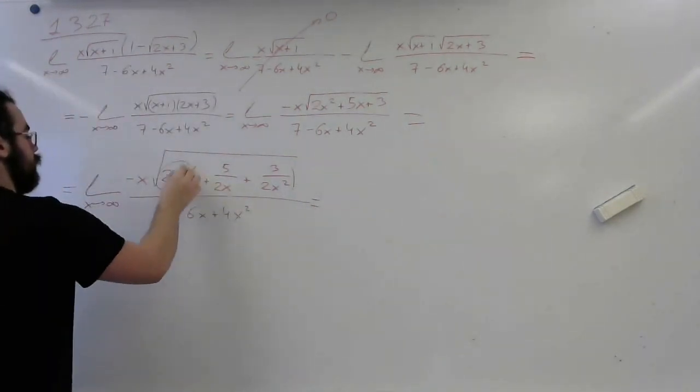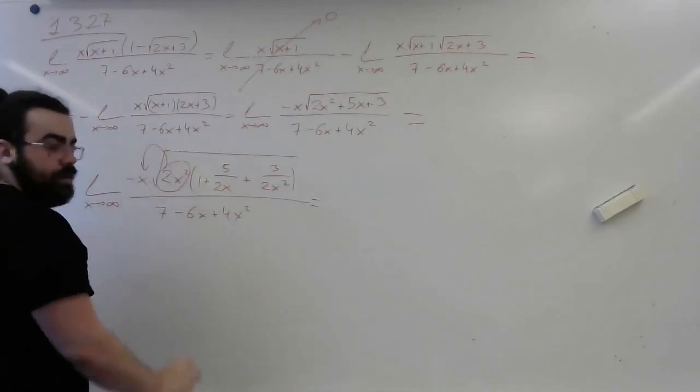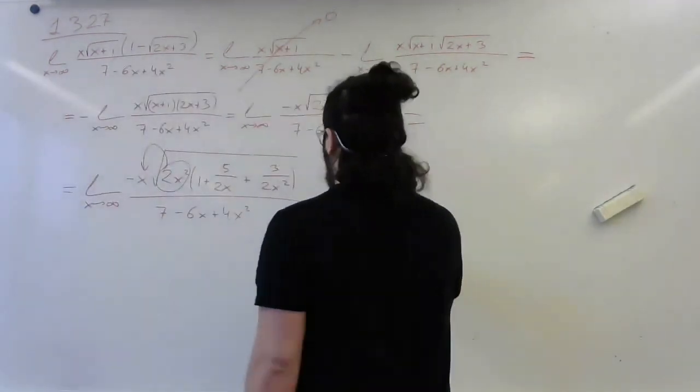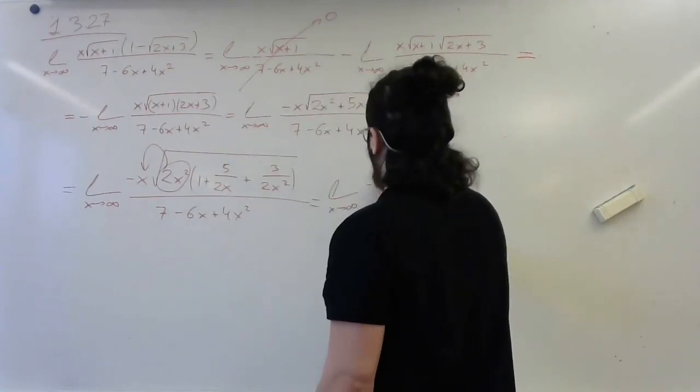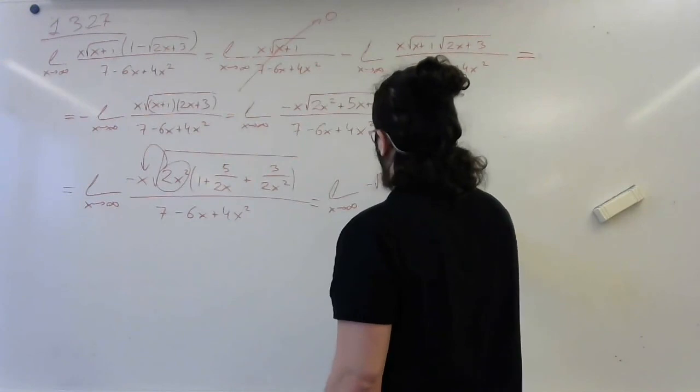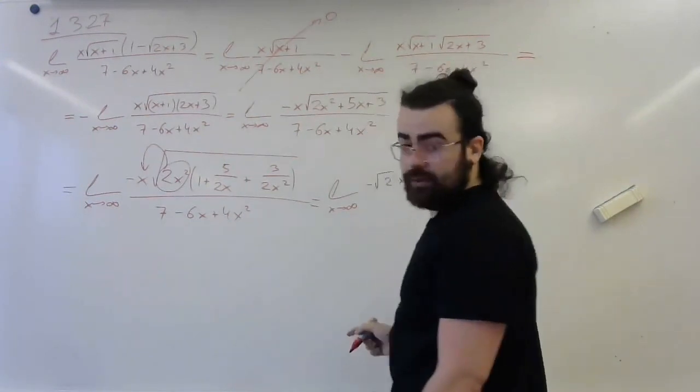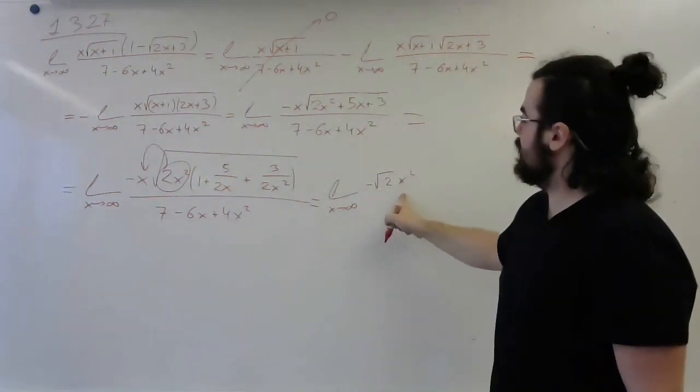Now this comes out as the square root of 2 times x.